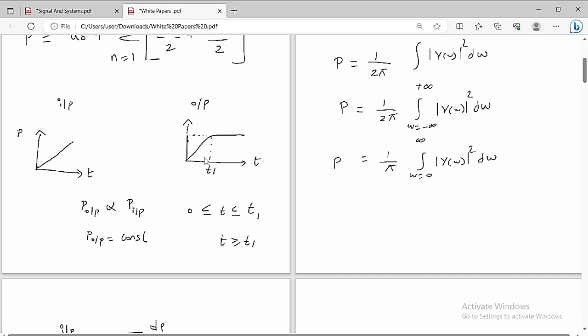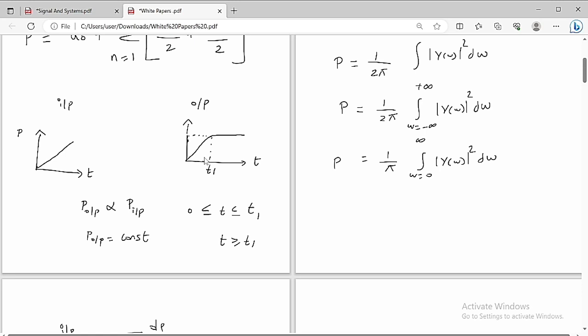It is independent of the input power. So after a certain time it can depend on the input power, and after a certain time it may be independent of it. It is not necessarily always proportional to input. For a certain time it may be proportional, but after a certain time it may be constant.